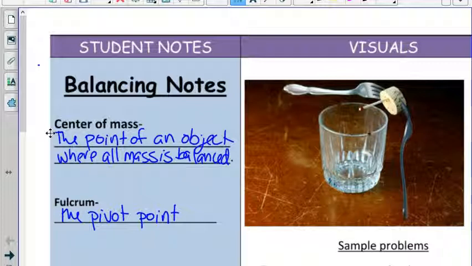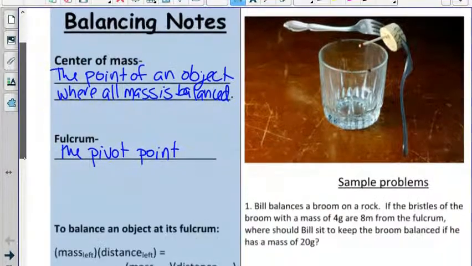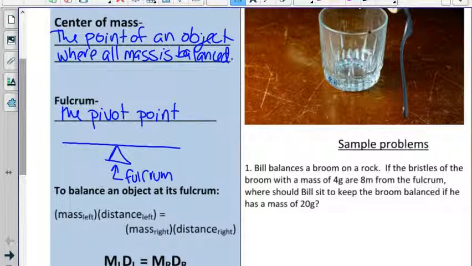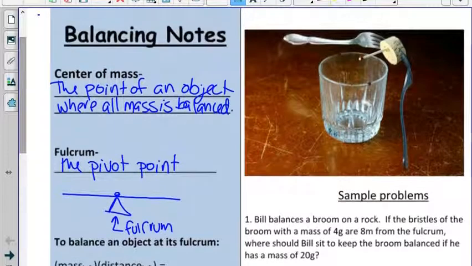If you're thinking about a teeter-totter, the fulcrum is the point right here at which this teeter-totter pivots back and forth. If we look at this little image of this matchstick, this cork, and these two forks balancing on this cup, this right here is the fulcrum, or the pivot point.